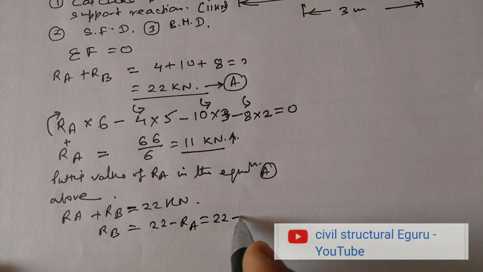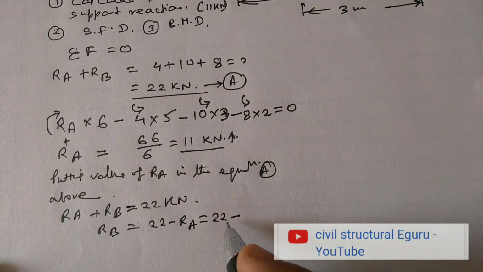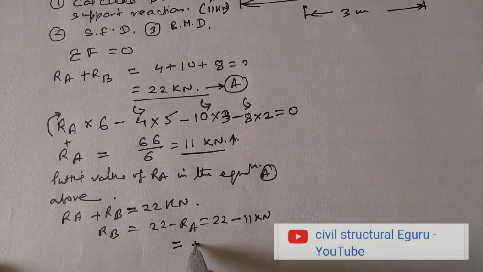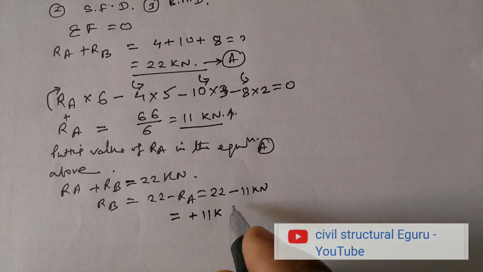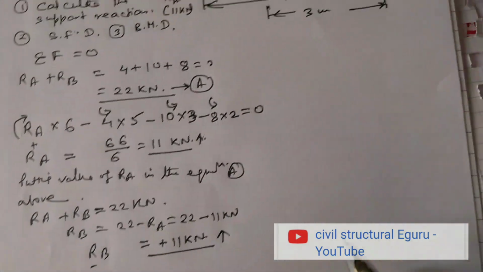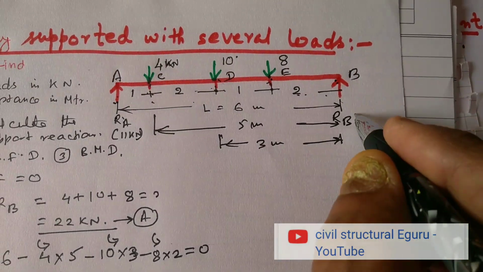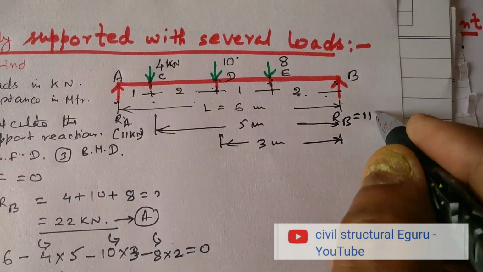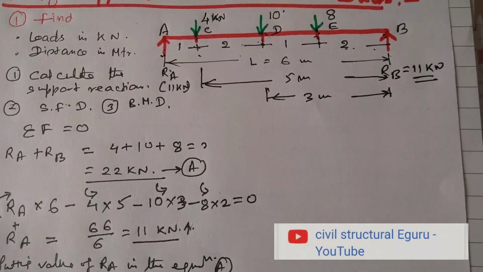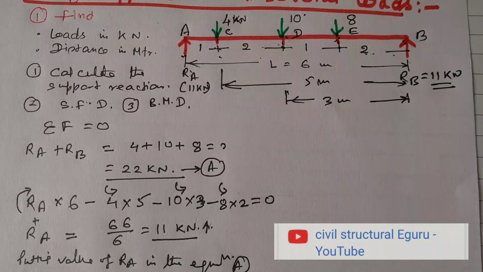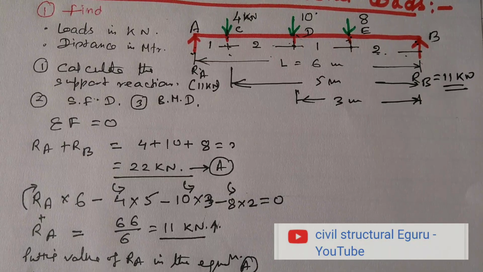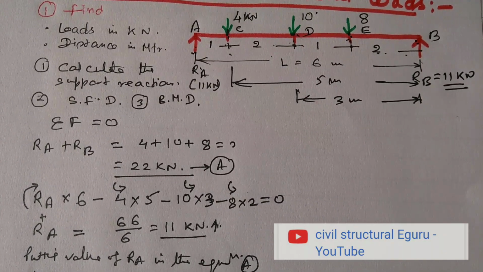If you put 22 minus the value of RA, 11 kilonewton, then you will get plus 11 kilonewton as the value of RB. Just write down here the value of RB equal to 11 kilonewton. Then after getting the reactions RA and RB, you will get the shear force diagram easily.